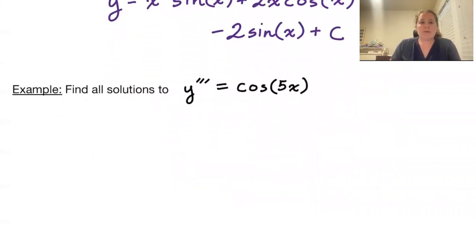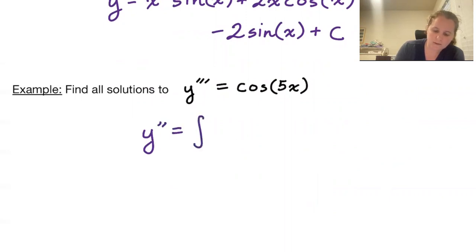All right, one more, we want to find the solutions to y triple prime is equal to cosine of 5x. So first thing we're going to do is find the integral of that, which should give us the second derivative. So the second derivative of y, or y double prime, will be the integral of cosine of 5x dx.